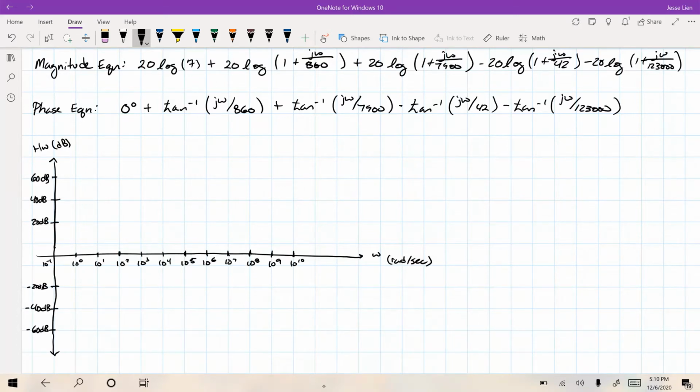After you've set up your plot and are ready to start plotting each term of the equation, you can choose a color to represent the constant of 20 log base 10 of 7.